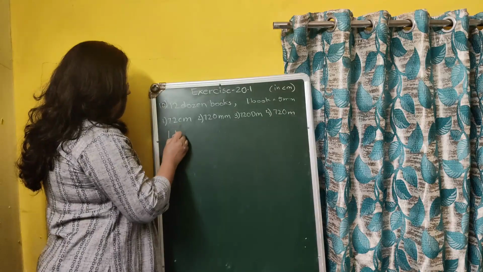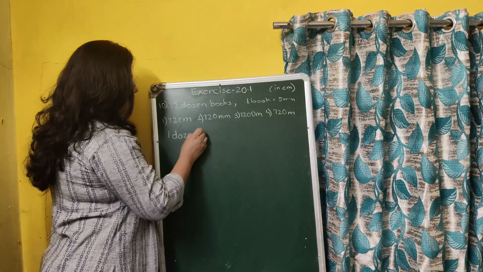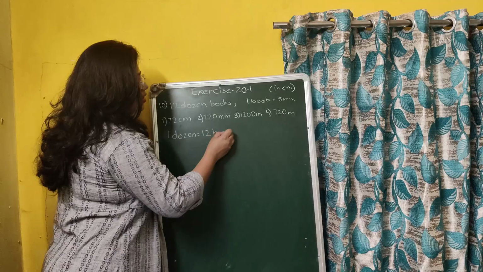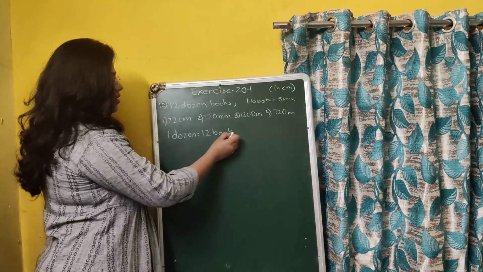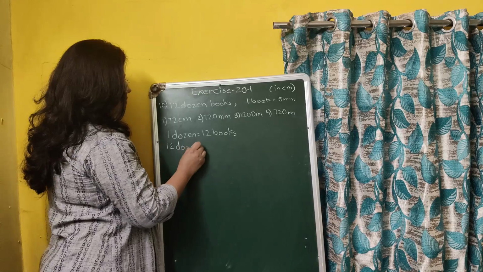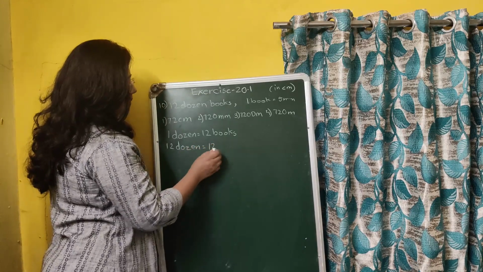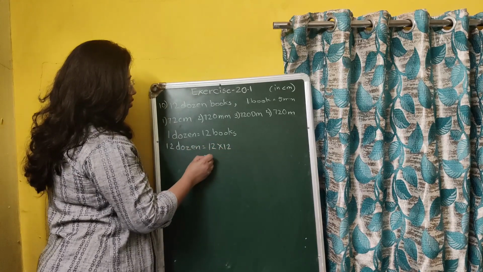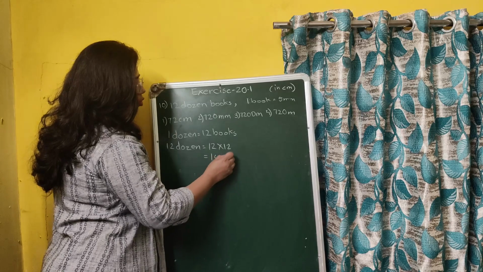Now, 1 dozen means 12 books, right? So 12 dozen means 12 multiplied by 12. So it is 144 books.